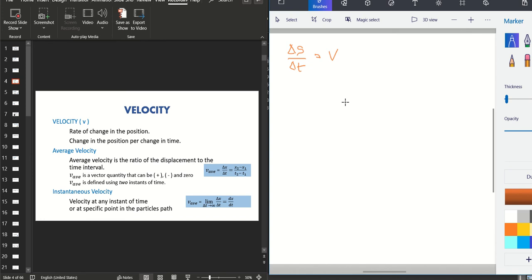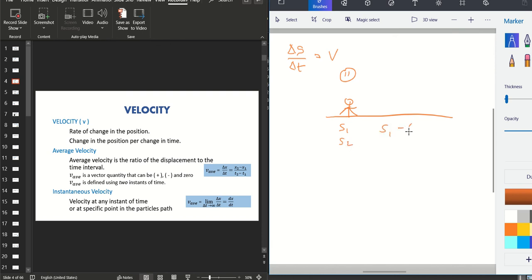For example, this is you, right? And then this is you at 10 a.m. Now, after 1 hour, so that's going to be 11, you're still at the same position. So your initial position, or S1, and this is still your S2.